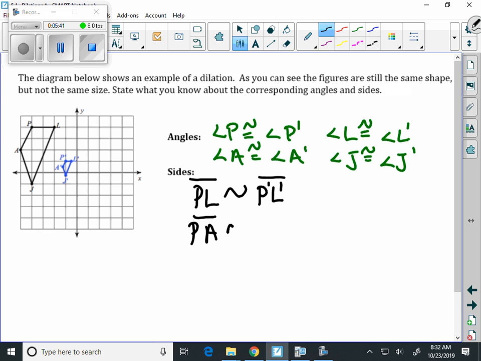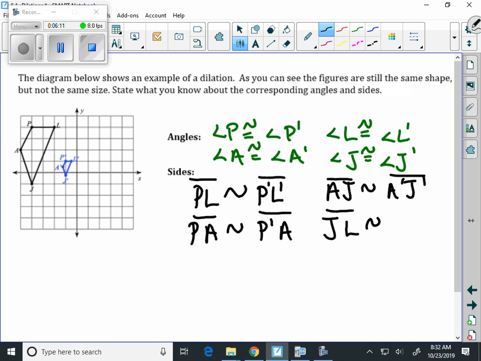Side PA is similar to side P prime A prime. Again, one squiggly symbol for the similar. Side AJ is similar to side A prime J prime. And side JL is similar to side J prime L prime.